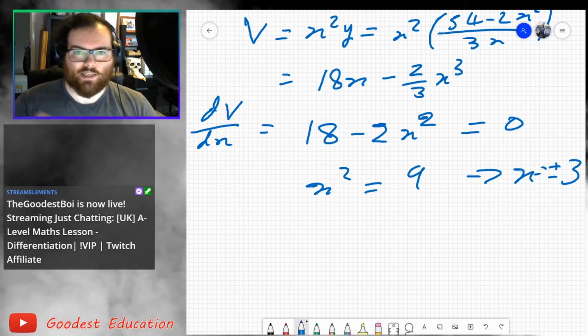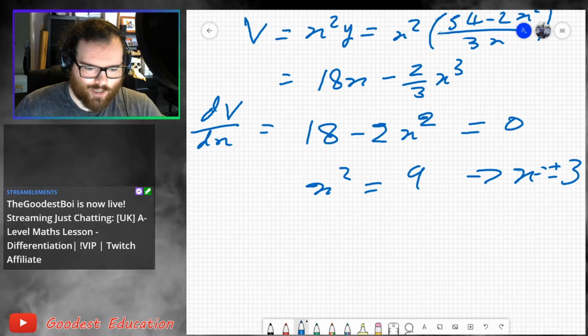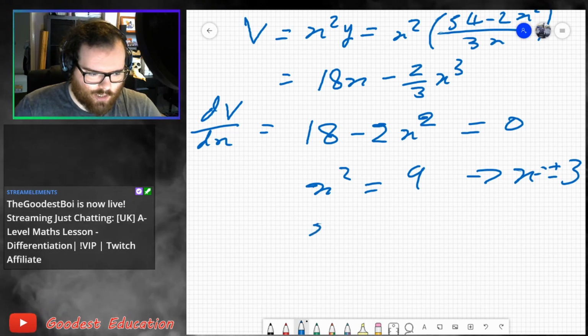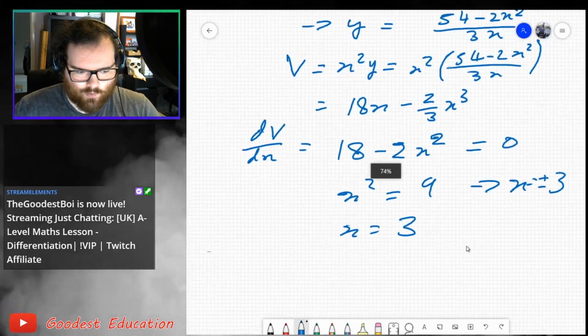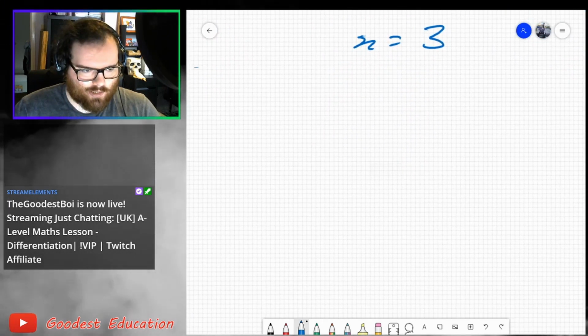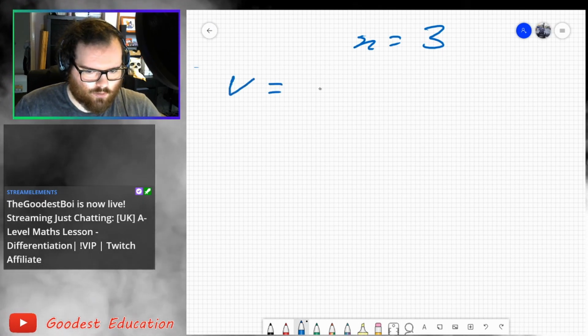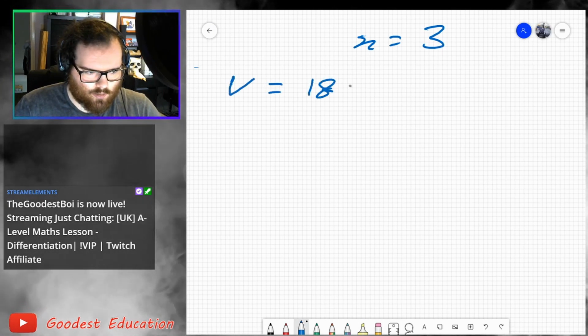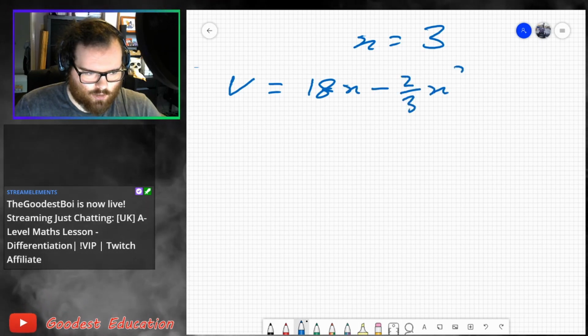However, we're dealing with real parameters here, and there's no such thing as a negative length. So we're going to take the positive value, so x is equal to 3. So then, when x is equal to 3, the volume is equal to 18x minus 2/3 x cubed.